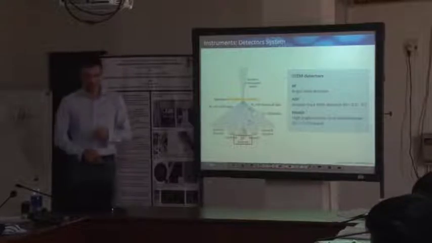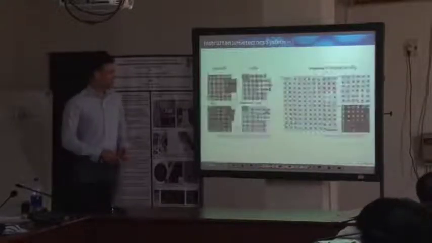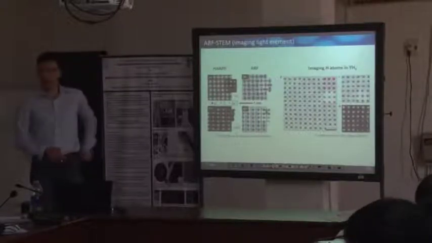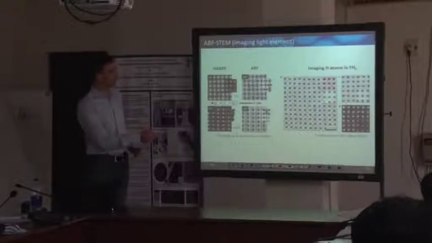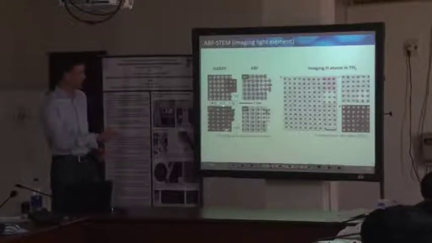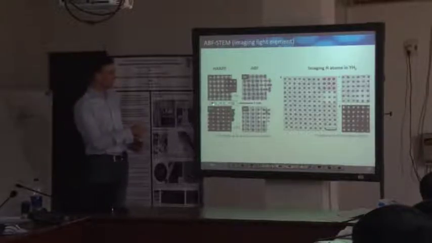Let's look at the bright field detector, just to relate that to light atom imaging. These are two examples, on the left hand side and on the right hand side. On the left is strontium titanium oxide. This is our unit cell, and in principle we know that we have oxygen, titanium and strontium.